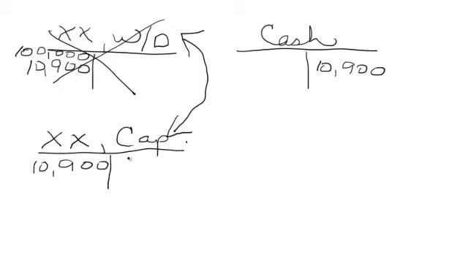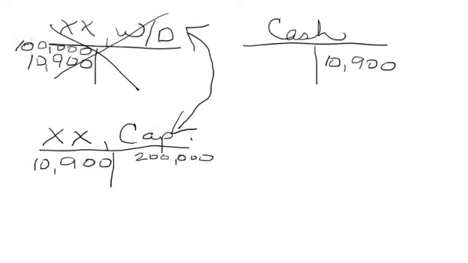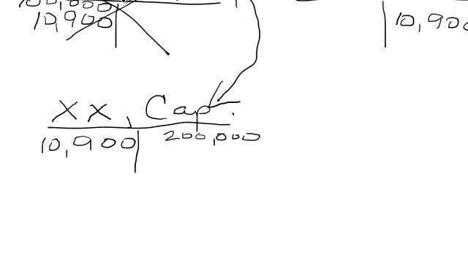Let's say he has a balance of 200,000 in his capital account. Okay. So what should the balance be in the withdrawals account if we did the entry correctly? Right, we should have $110,900.